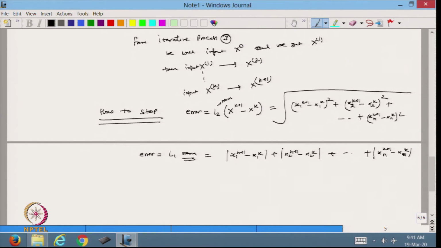So, this is my L1 norm. From here you will see that I am getting a unique number, a real number.